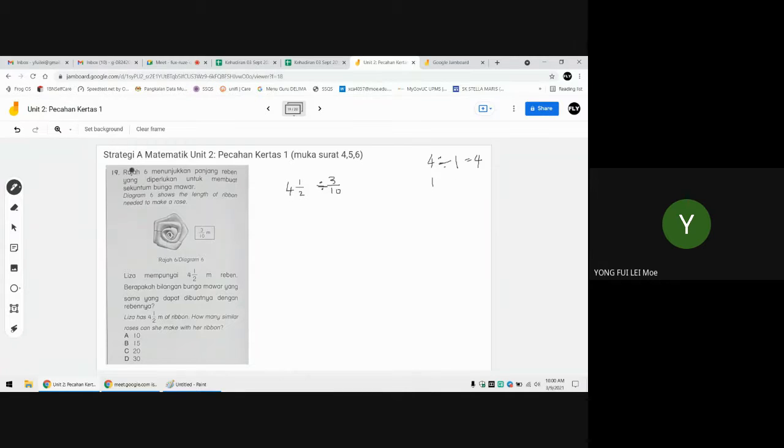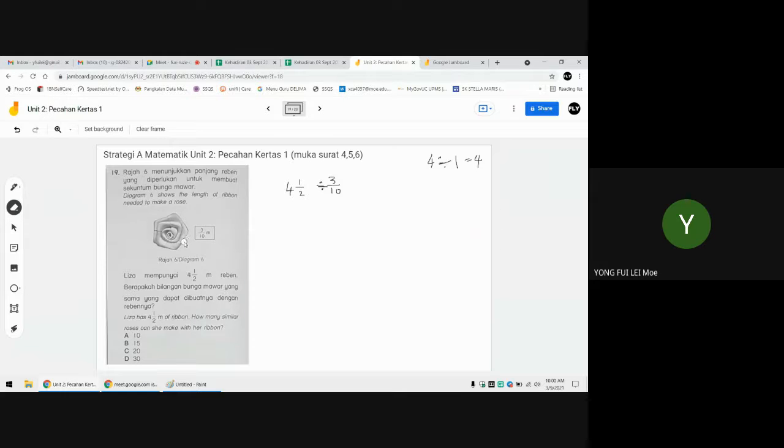I repeat. This is another technique. How do I know that this is 4 1 over 2 divided by 3 over 10? I make it into a whole number example. 4 over 2, I change it to 4. Maybe this one, I change it to 1 so that it is easier for me. If I have 4 meter, I need 1 meter to make a rose.